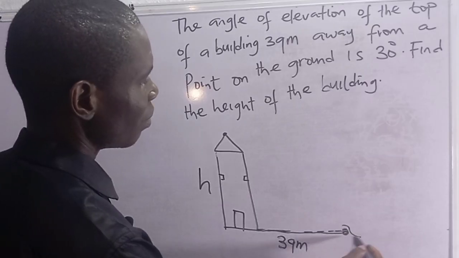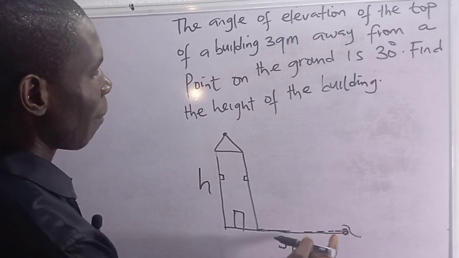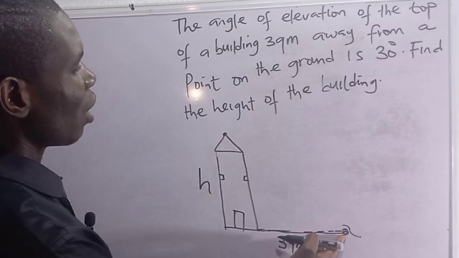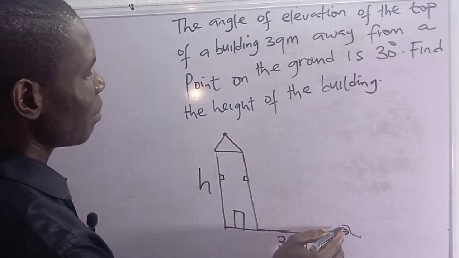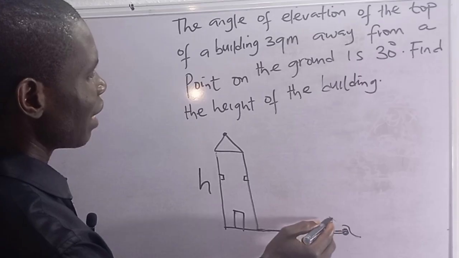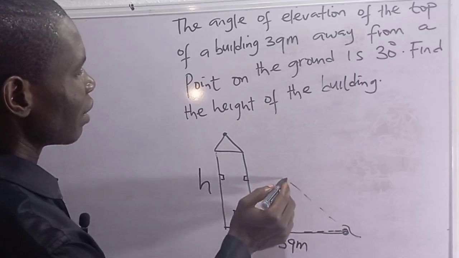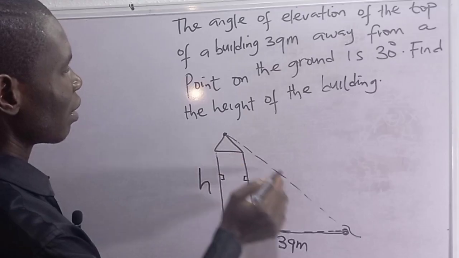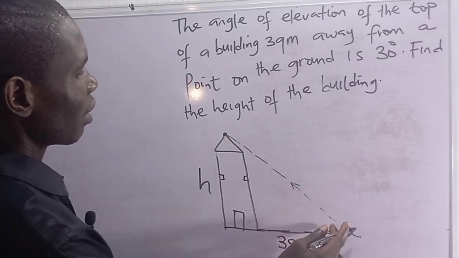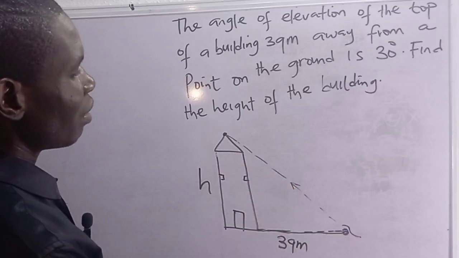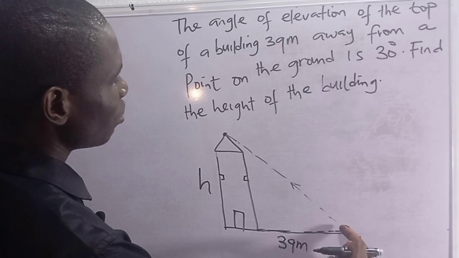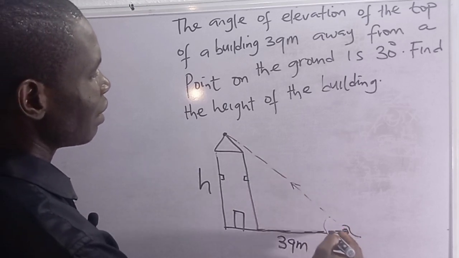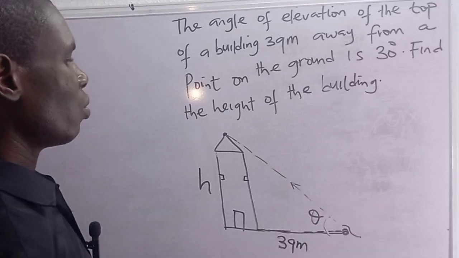If this point was an eye, the object is above the observer and there is an imaginary line of sight. The angle of elevation is the angle between this imaginary line of sight and the horizontal.